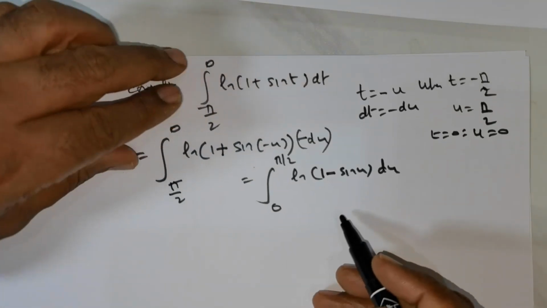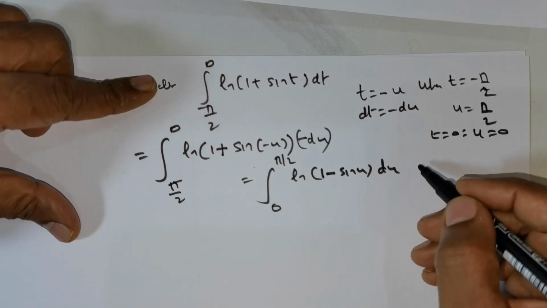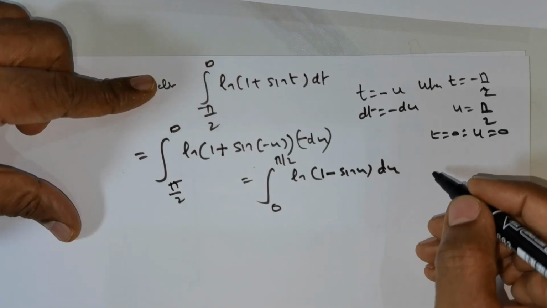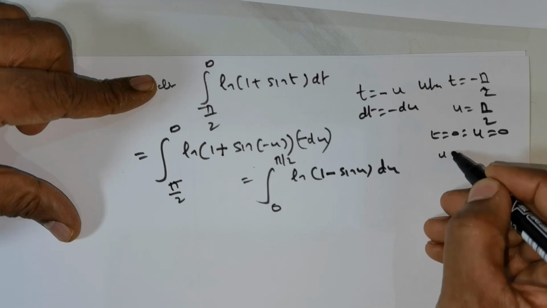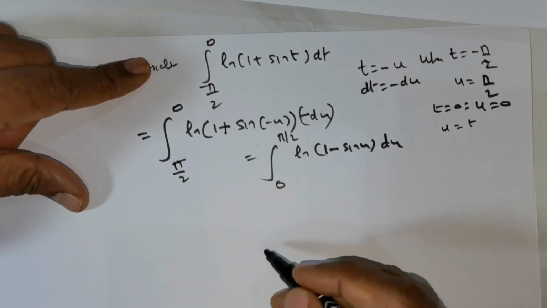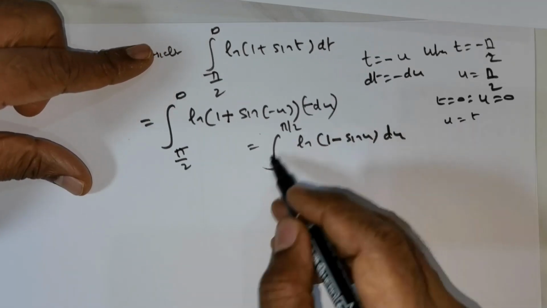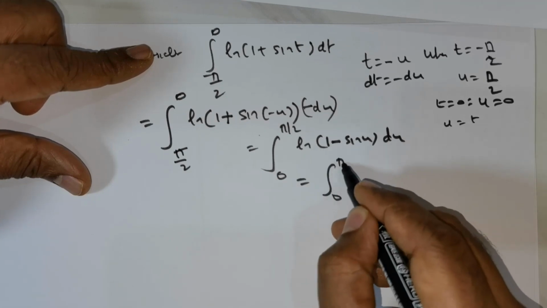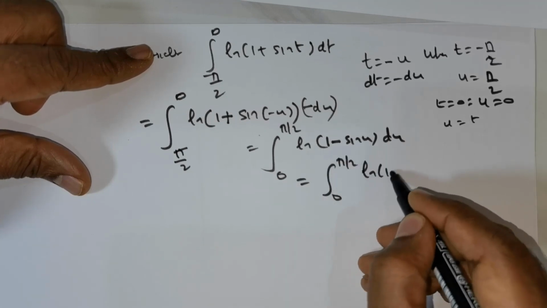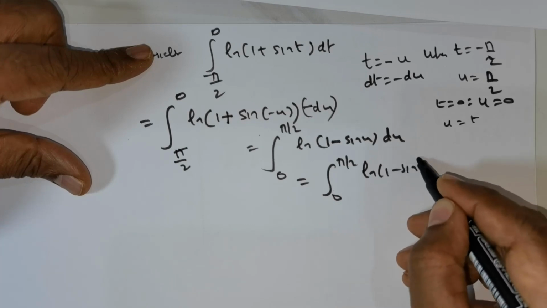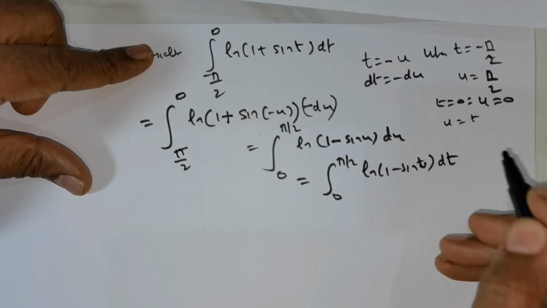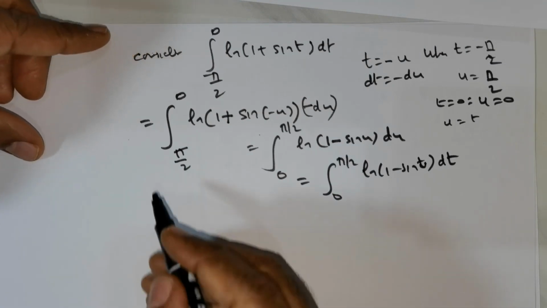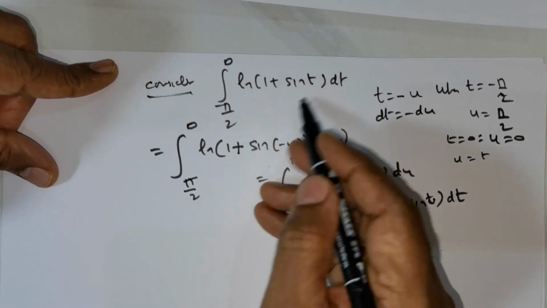Even if you take the substitution u equal to t, you're going to get the same form as it is. So this is the same as the integral from 0 to pi over 2 of ln of 1 minus sine t dt.